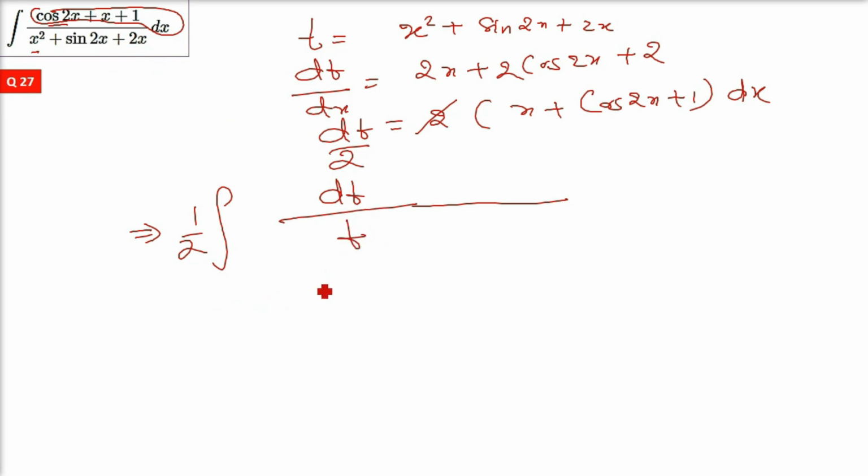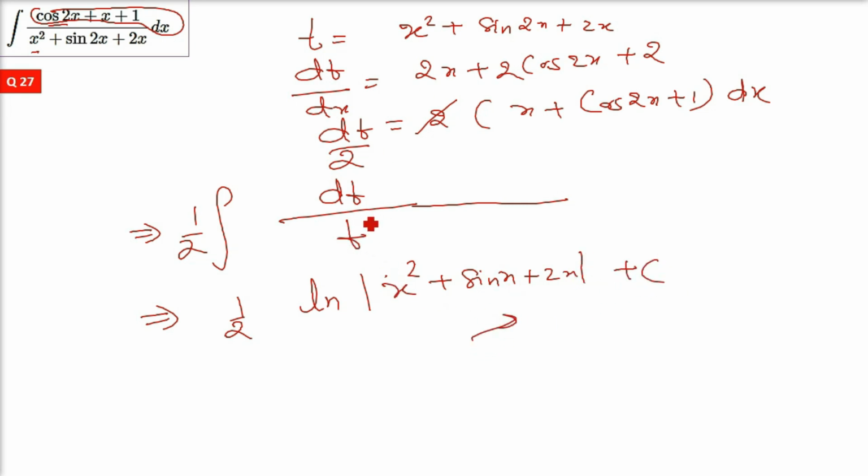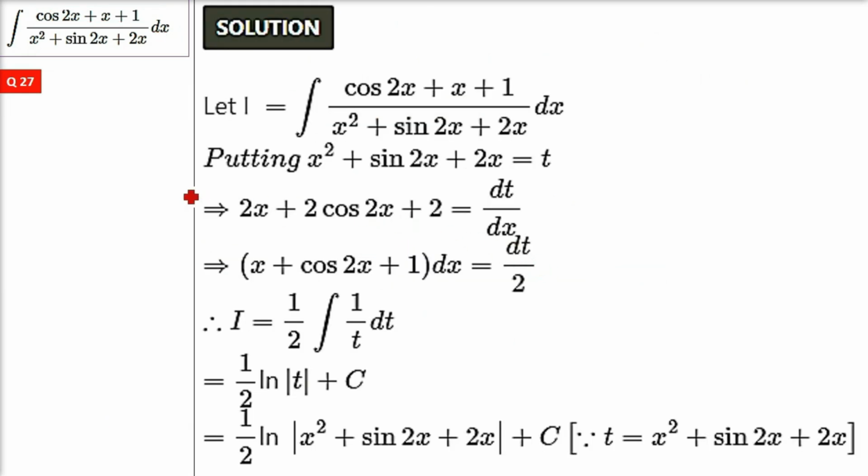So dt by t, it's just half ln modulus of t. That's the direct result which we have been doing until the 26 questions. So half ln of x square plus sine 2x plus 2x plus constant of integration. This is your result. T was x square plus sine 2x plus 2x. So this is the solution which you are going to write by yourself.